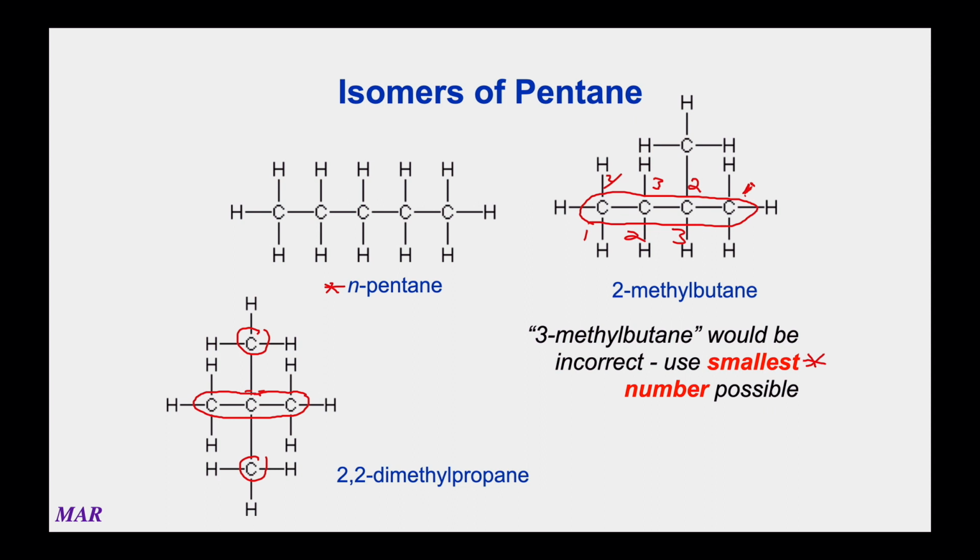In the official chemistry world, the smallest number is the way to go. So 2-methylbutane is the official name. Can they figure it out if you say 3-methylbutane? Absolutely, but the smallest number is big. So let me reiterate the importance of these last 2 pages here. The longest chain of carbon atoms, definitely important, and the second thing, smallest number possible.